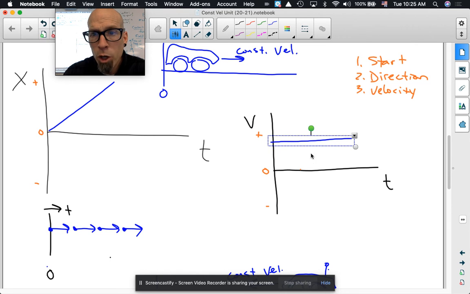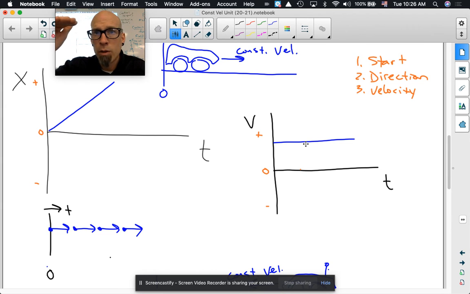And again, how do we know by looking at the graph? Because we're looking at the actual slope. Remember, the slope of this graph is the velocity. It is a horizontal line on this graph because the velocity is a positive value and it's not going up or down. It's staying constant.